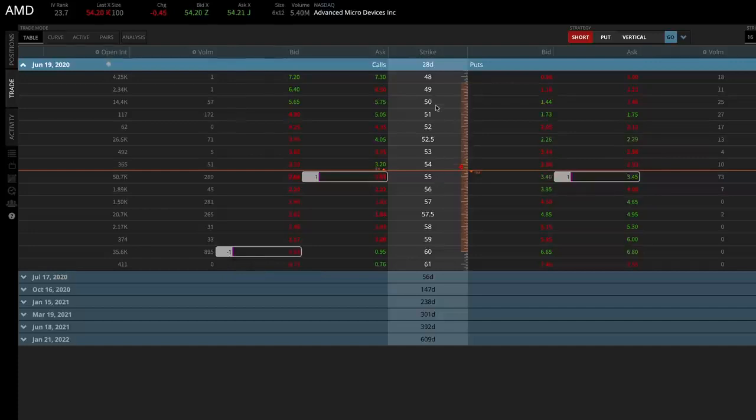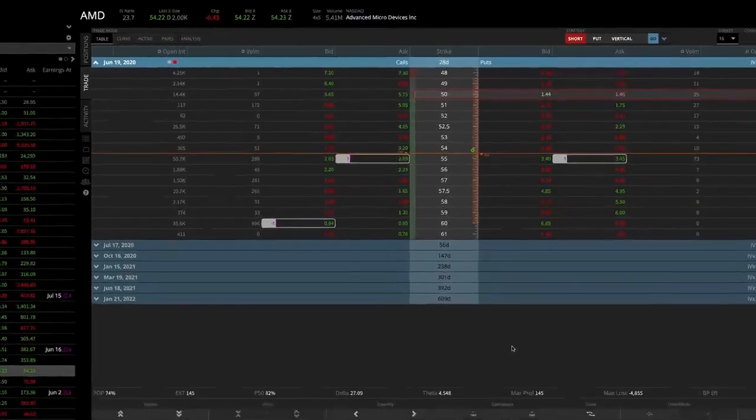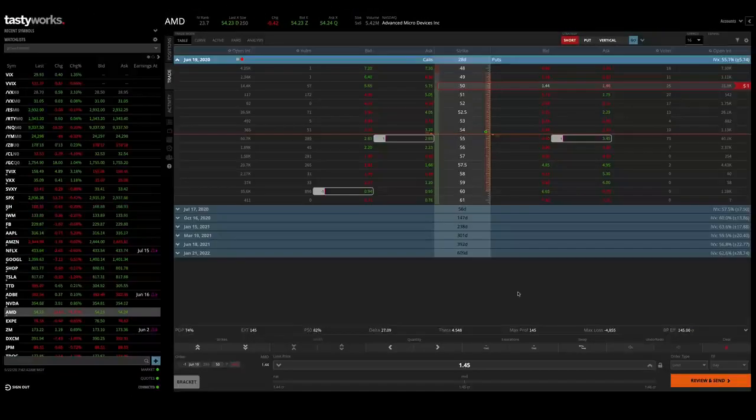Now I'm going to go to the 50 put, and I'm going to short the 50 put. Click on the bid, and that brings up the order to sell it. Mid price is 145. Again, it's telling me I have a credit because this actually reduces my overall risk in this position, because since I own the 55 put, if the stock went to 0 and I owned the 55 put and was short the 50 put, the 55 put would be worth $55 and the 50 put would be worth $50.